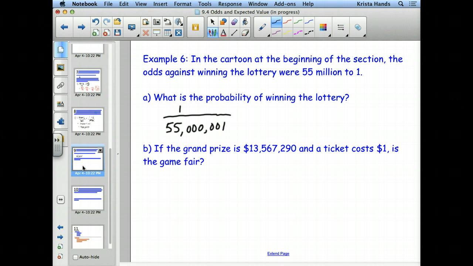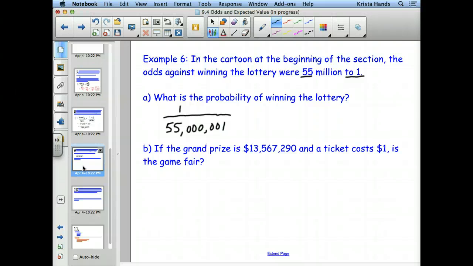Okay, so a reminder with the way odds work is that if you have this 55 million to 1, what that's actually referring to, if you combine them all together, is that 55 million and 1 person plays the lottery. 1 wins, 55 million lose. That's what odds looks like, right? So the 1 is the number that win, 55 million is the ones that lose. So we have 1 over 55 million and 1 as our probability for winning the lottery.